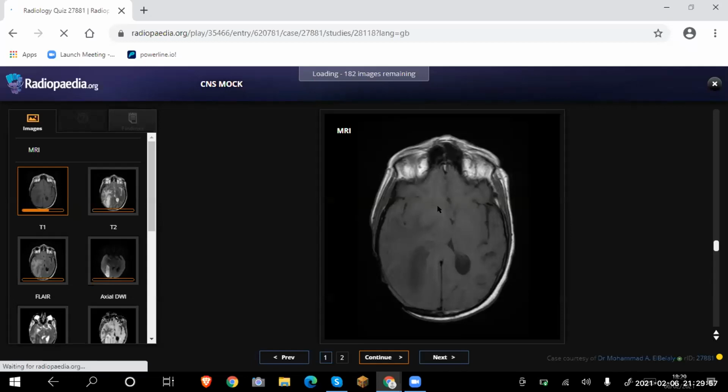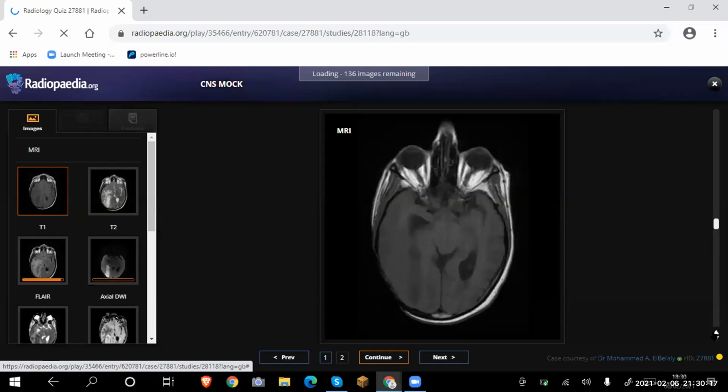Starting from this section, there is a hypodense area which looks like vasogenic edema surrounding the occipital horn of the lateral ventricle. Let me go up or down. Just loading, so I need some time to finish loading.